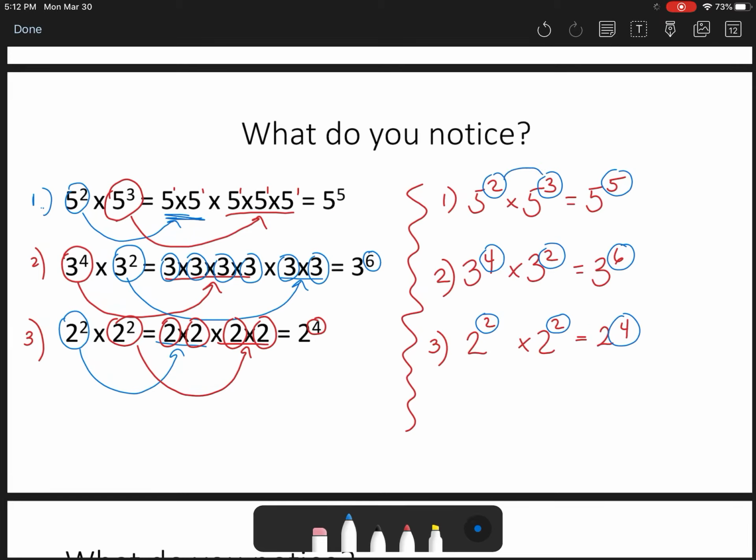What are we doing with the 2 and the 3 to get to 5? If you said we're adding them, you are correct. 4 plus 2 is equal to 6. 2 plus 2 is equal to 4.